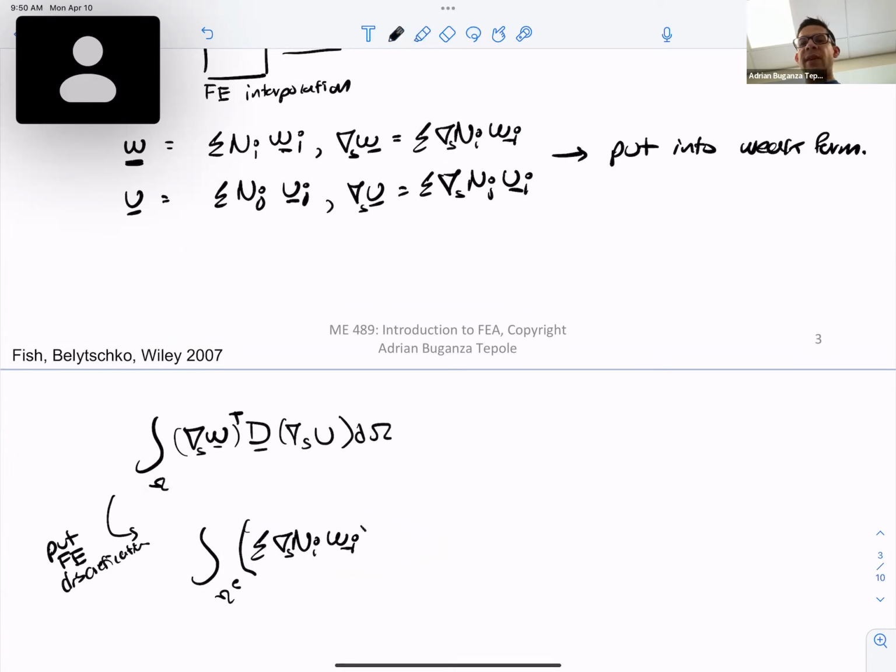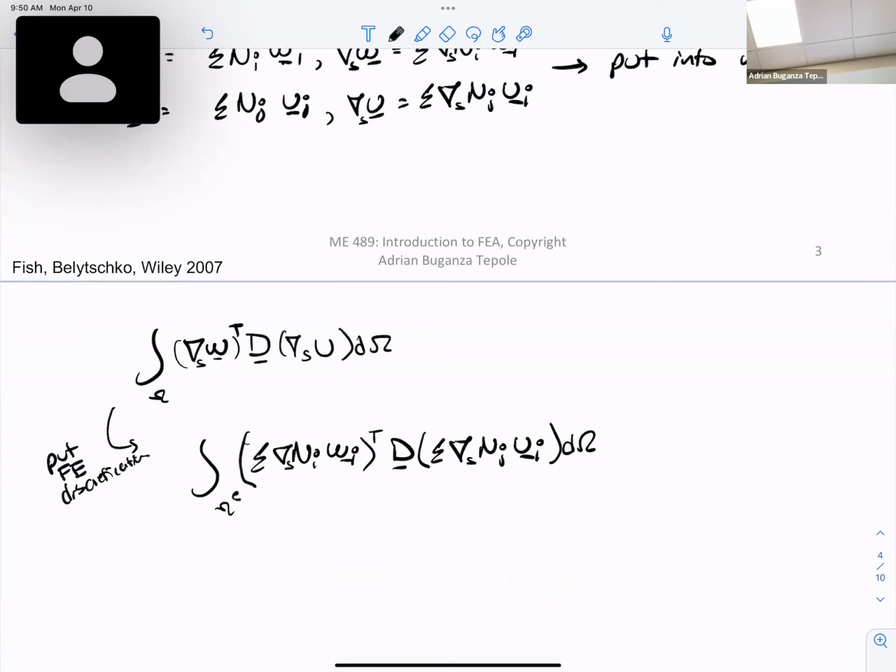I'm not going to do the whole derivation, but we basically substitute that, and then there's a lot of algebra that will basically, just like we did for the heat transfer problem, take the sums out, take the nodal values out.